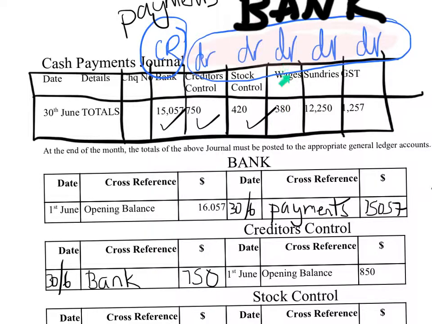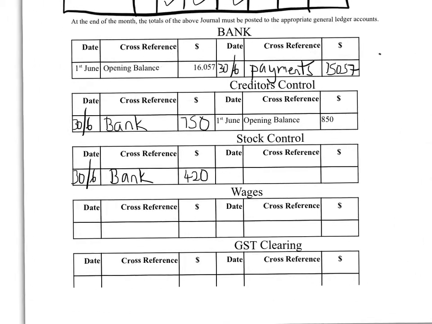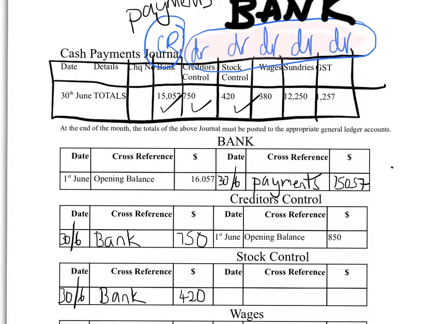We said we write on the debit side for $380. 30th of the 6th, bank, $380. I can tick that off.